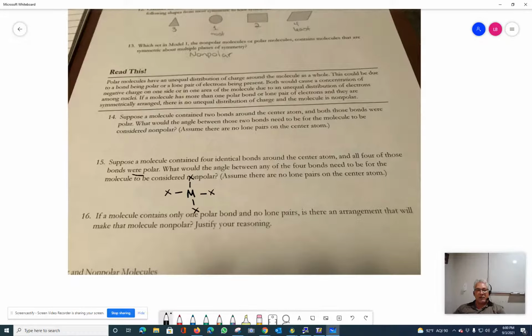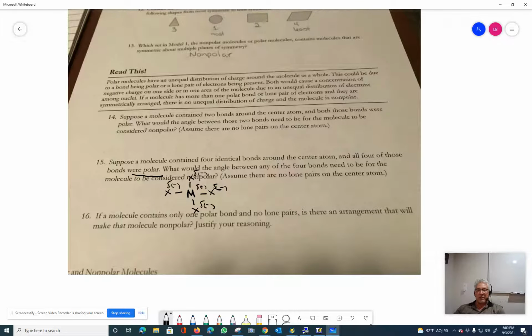And they say all the bonds are polar, so they are different in electronegativity. So this one is negative relative, with some negative density. This one will be with positive density, negative, negative, and negative, right? What will be the angle between any of the four bonds that they need to form?